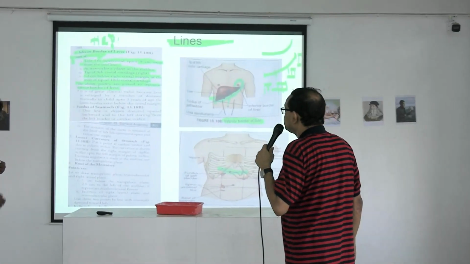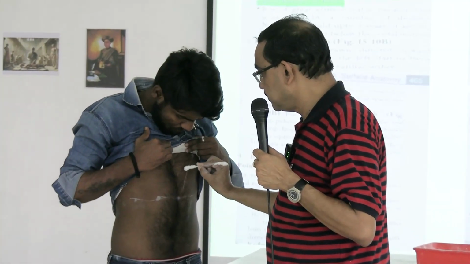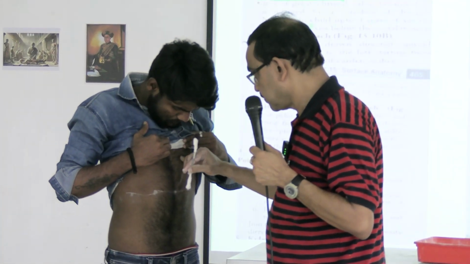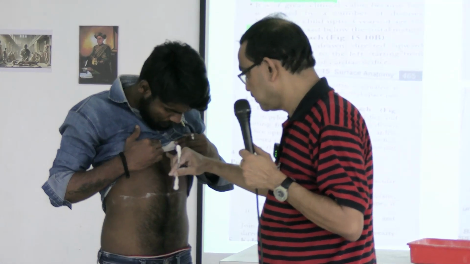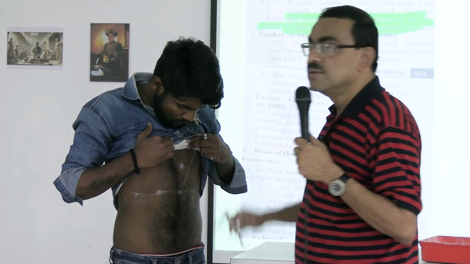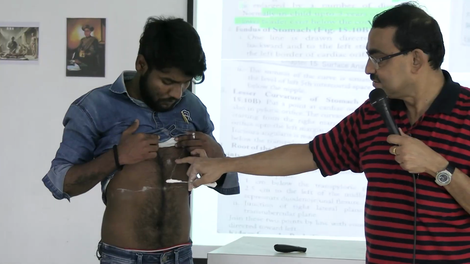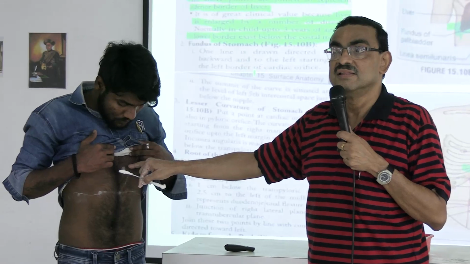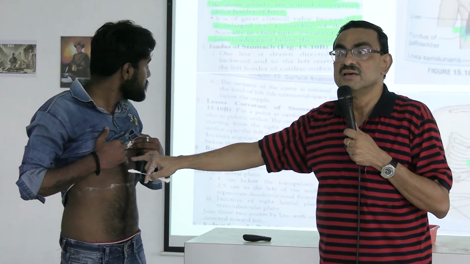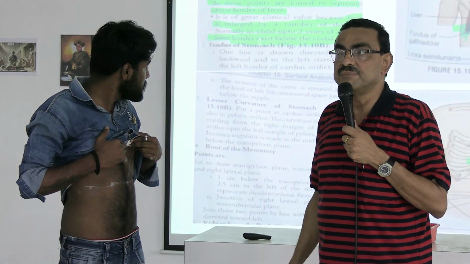Next, fundus of the stomach. We have to draw this, we have to point the cardiac orifice. That is where we are getting the cardiac orifice: on the 7th costal cartilage, 1 inch to the left of the midline.